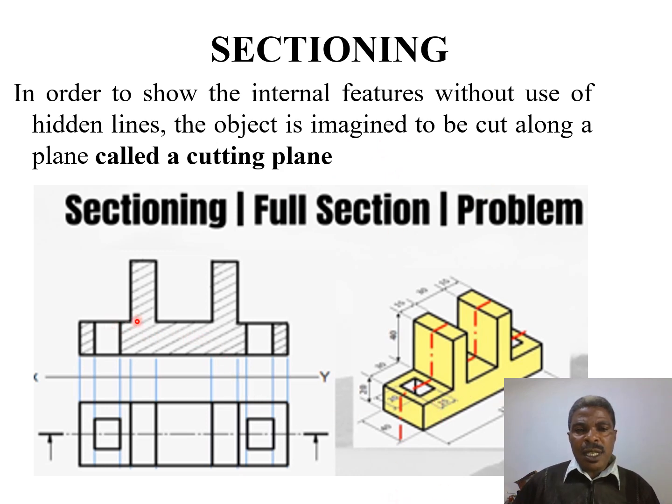So to be exactly sure of the size and shape, we have to have a cutting plane. This is a cutting plane for our object in the plan view, and we show it using the front view. In our front view, we can see very clearly the hole, the size of the hole, and we can even use dimensions to indicate the size of the respective hole.